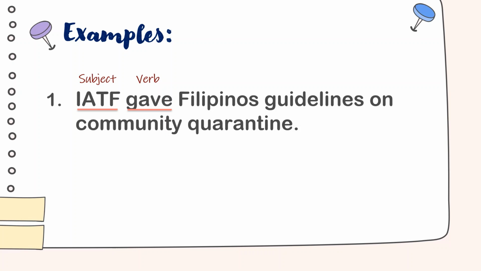What did the IATF give? The IATF gave guidelines, which is the direct object in the sentence. For whom are the guidelines given by the IATF? Exactly. These are for the Filipinos, which is the indirect object in the sentence.